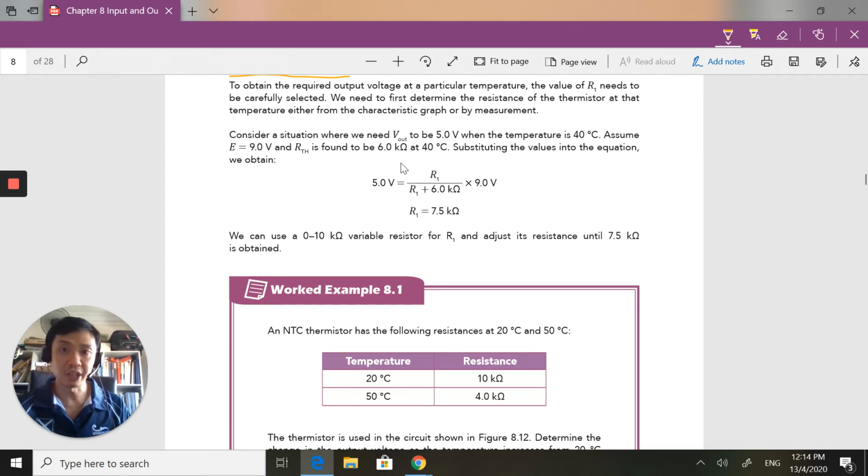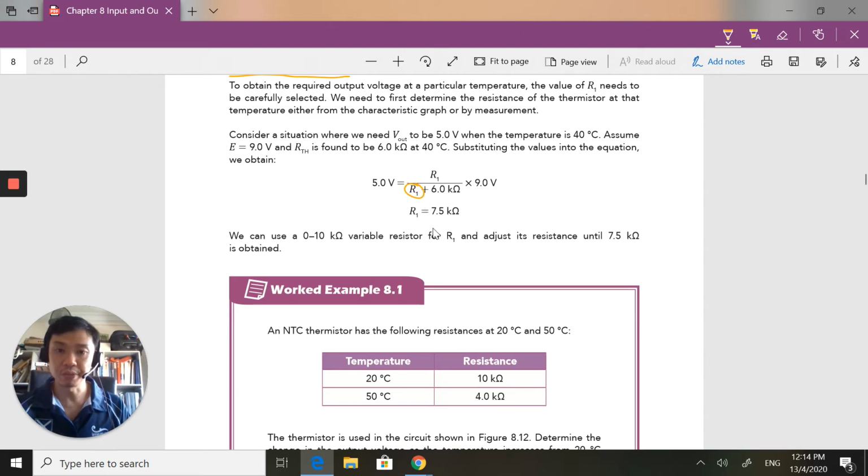So I want to find out what value of R1 I should put into my circuit. Using this information, I find that R1 is 7.5 kilo ohms.